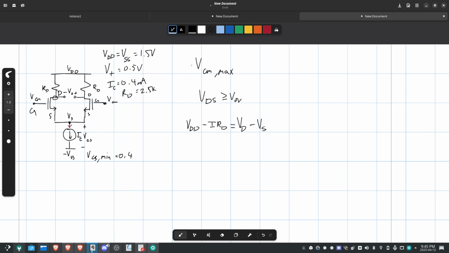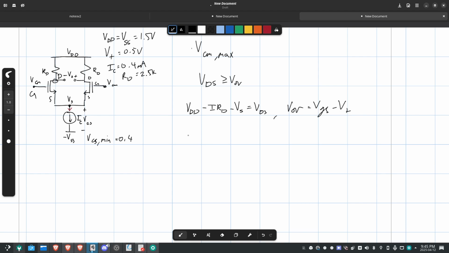Now we can add VS on both sides. Minus VS. And now we get VDS, right? Because this is D, VD, and that's VS. VD minus VS, VDS. And then obviously we can substitute in VOV is equal VGS minus VT.